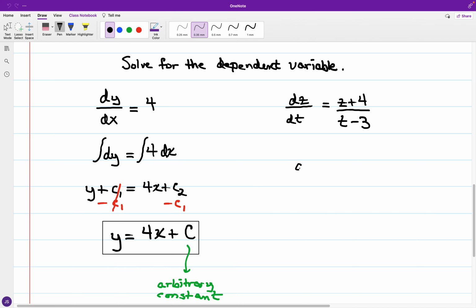So in the rewrite, we have dz all over z plus 4 is equal to dt all over t minus 3.